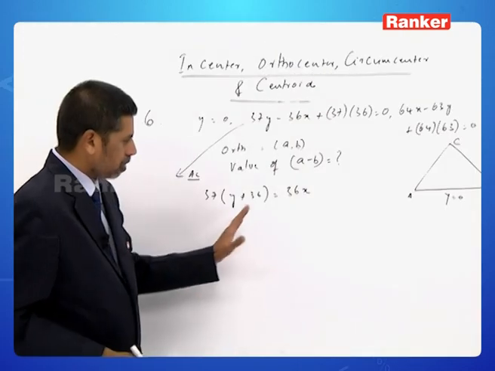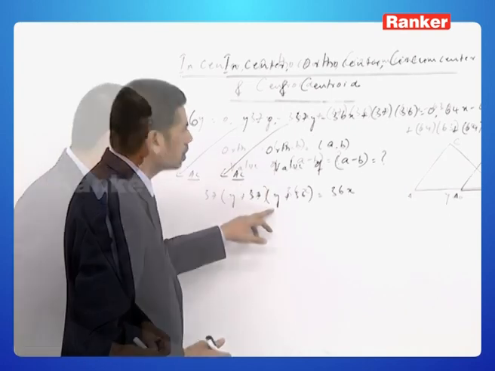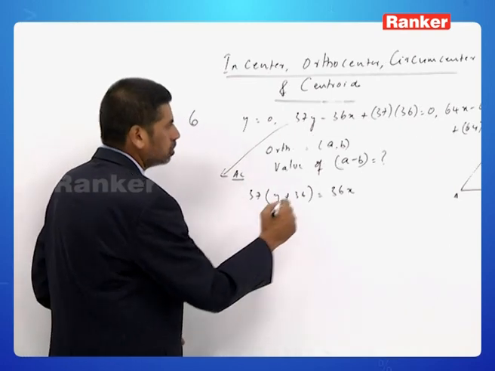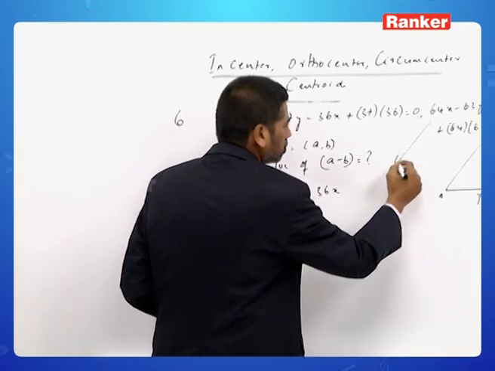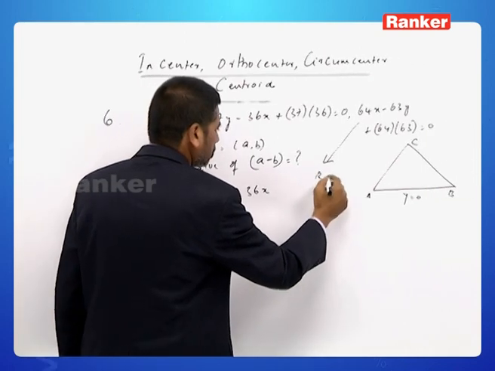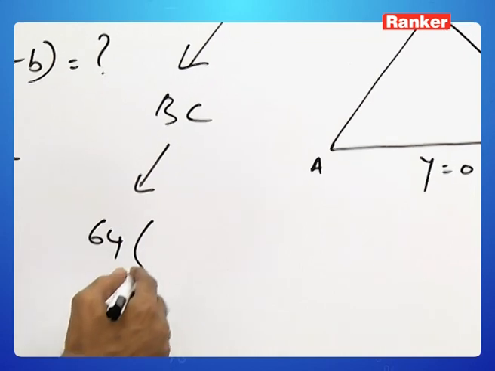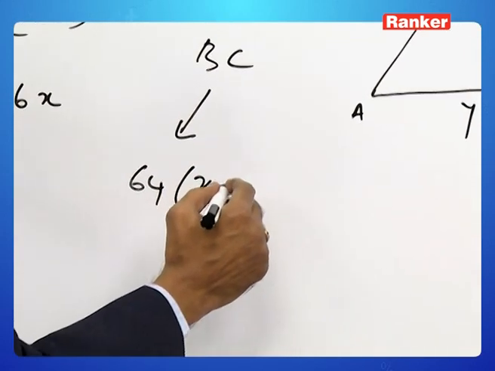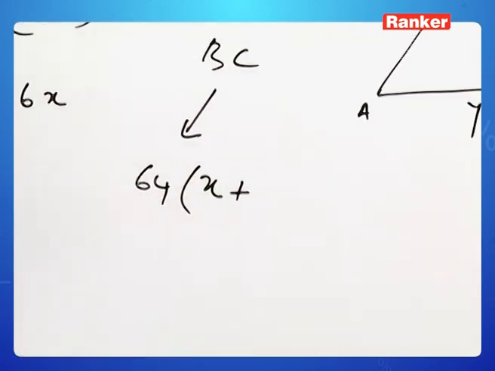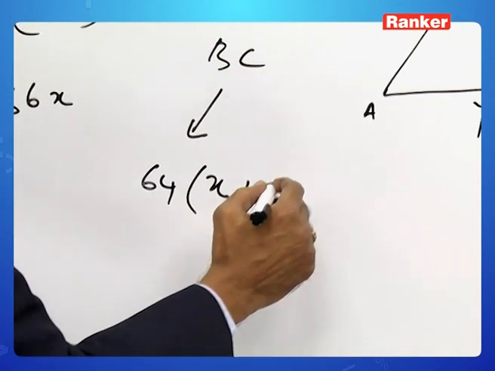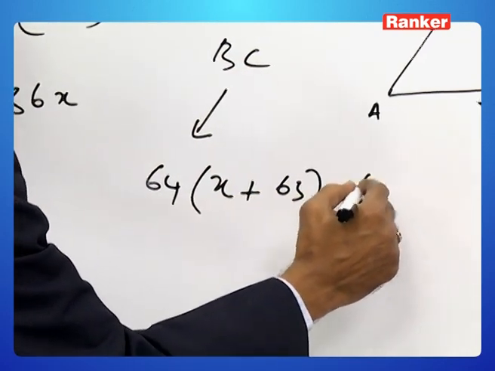Now, let's look at the other equation also. Suppose this stands for BC. We can write 64 times x plus 63 is equal to 63y.